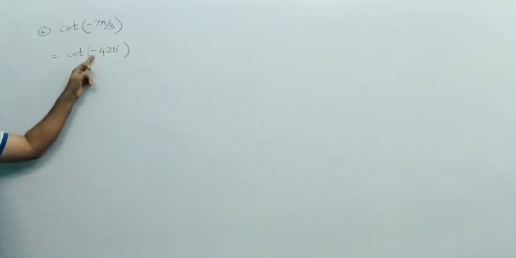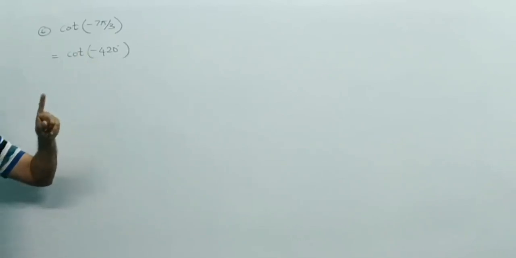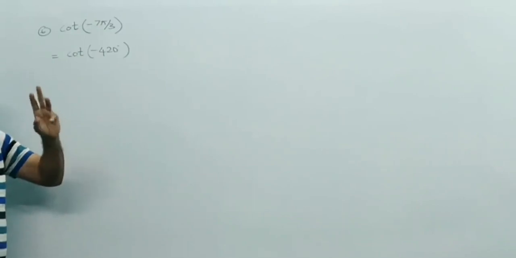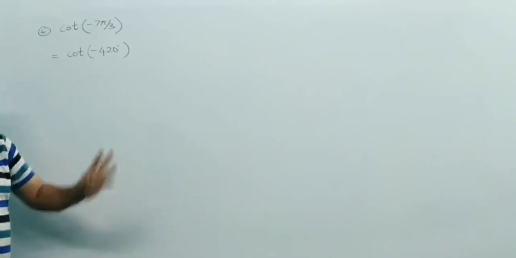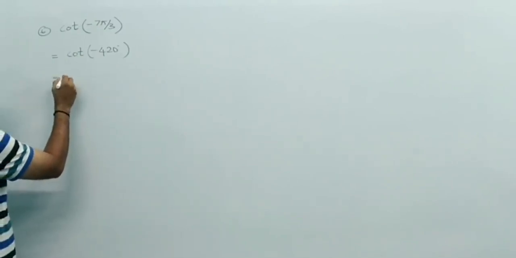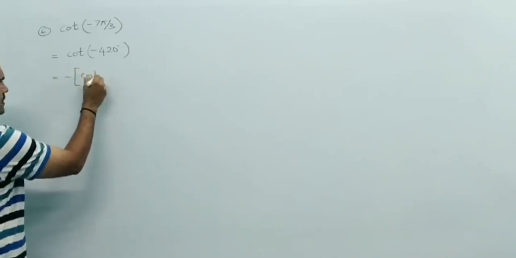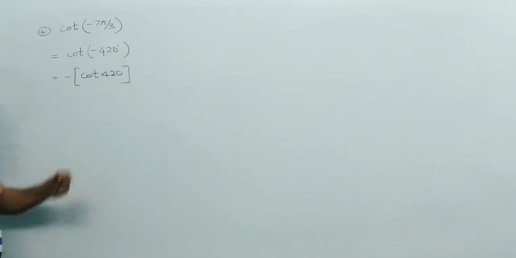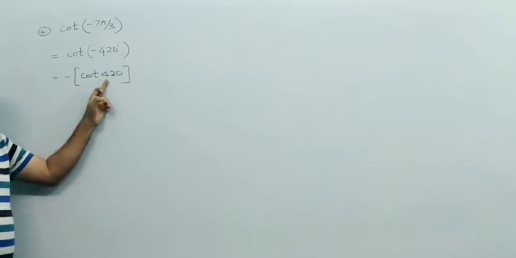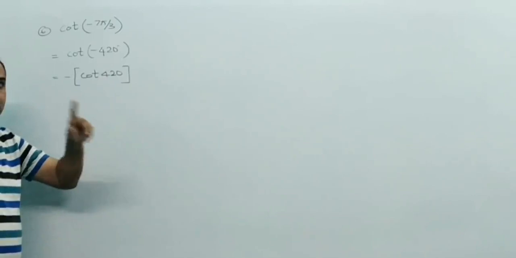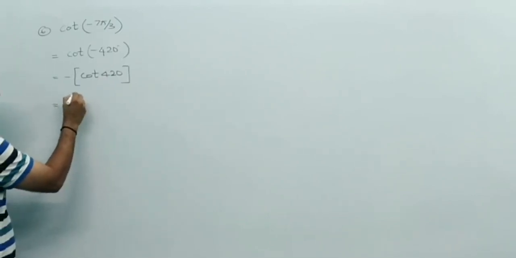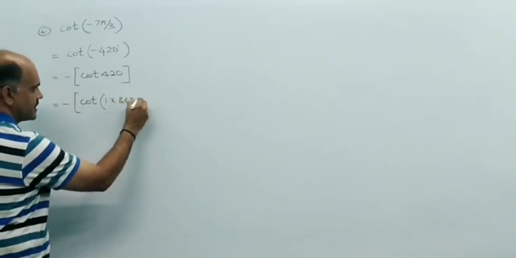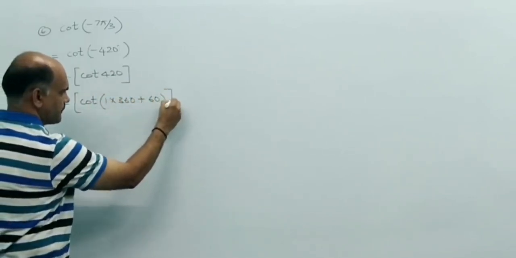Now second step, whether this minus sign remains or goes. As it is cot, it will remain. Only in cos and secant it will go. So you will have minus cot 420. Now 420 is greater than 360, so minus cot of 1 into 360 plus 60.